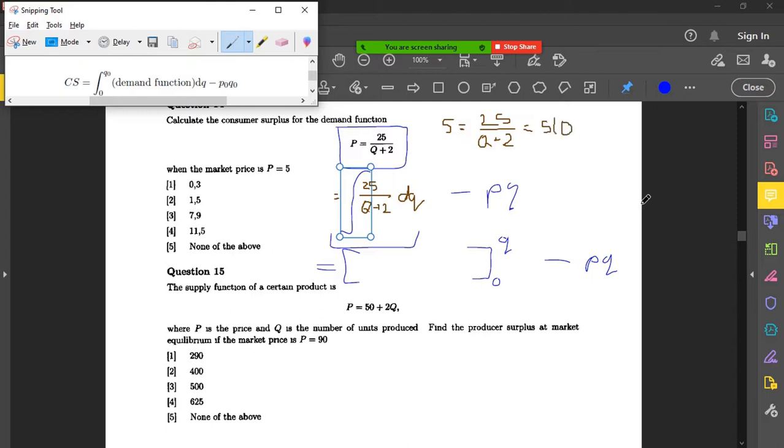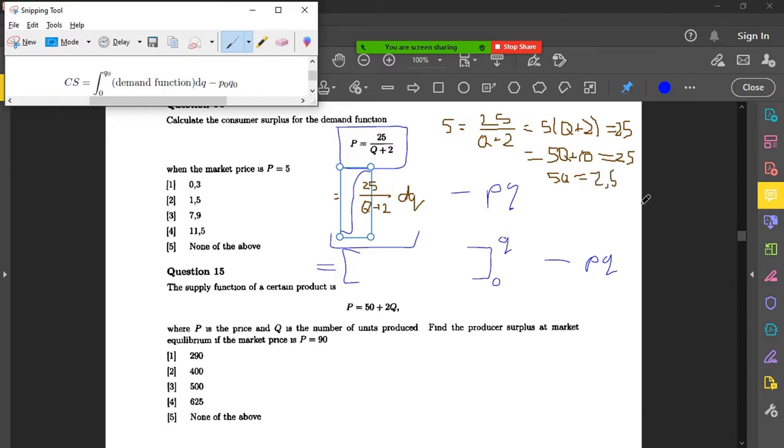5 times Q plus 2 equals 25. Okay, so that is 5Q plus 10 equals 25. So 5Q equals 2.5.